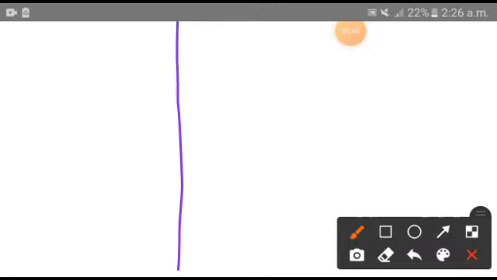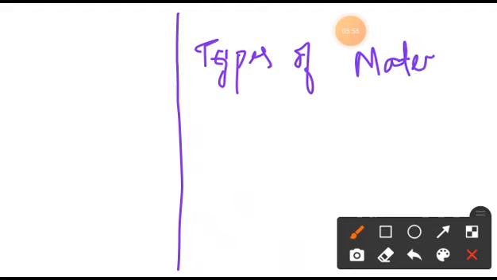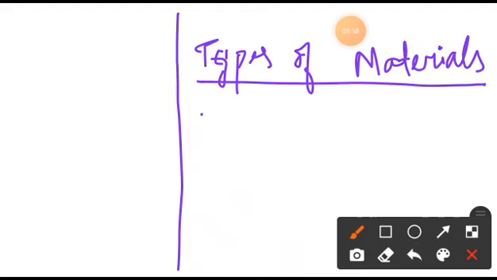So you are going to give the heading types of materials. Then first you are going to write transparent material.